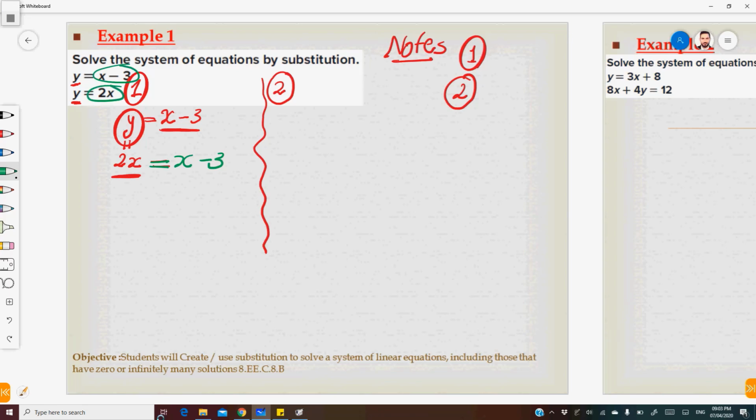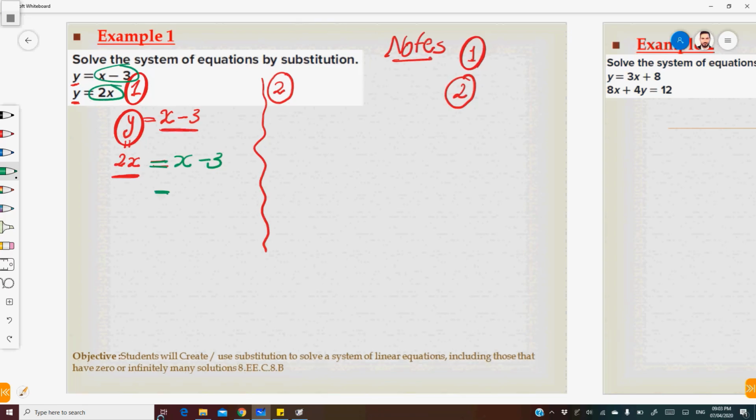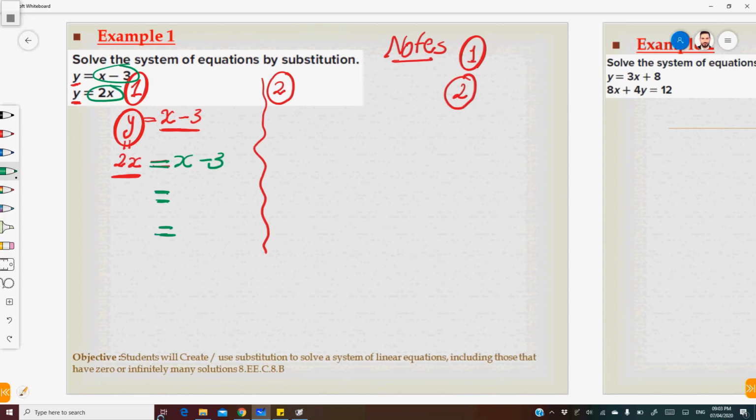Then I can solve this equation, which has only one variable, x. How can I solve it? Yes, I will move the x from the right-hand side to the left-hand side. Do you know why I'm not moving the 2x there? Because if you choose the bigger number to go there, it's better to choose the smaller one.